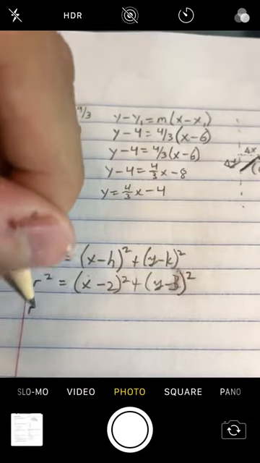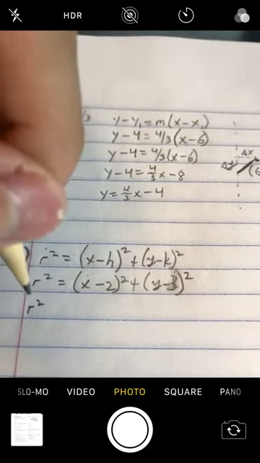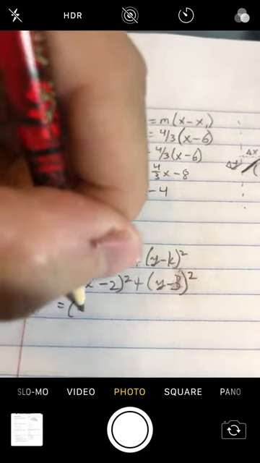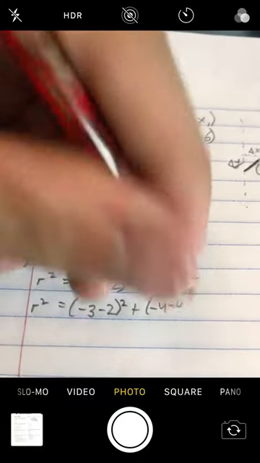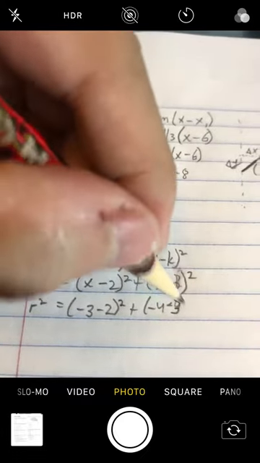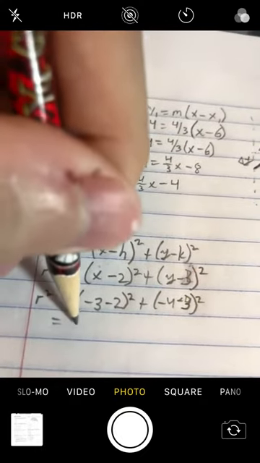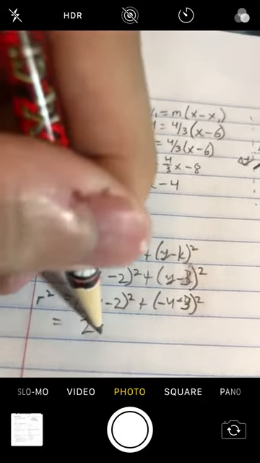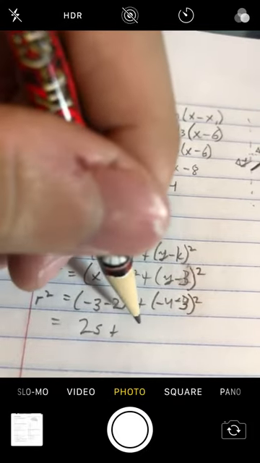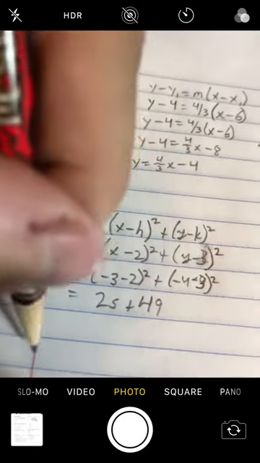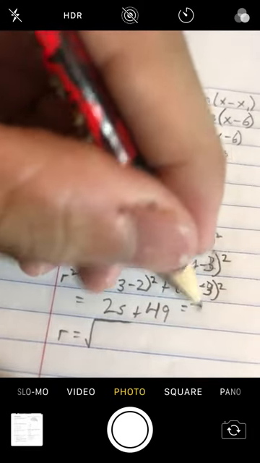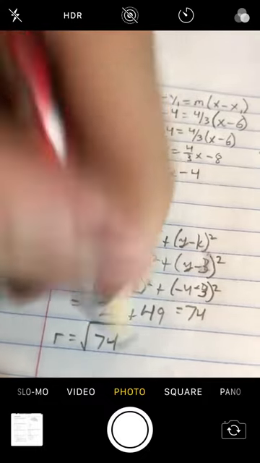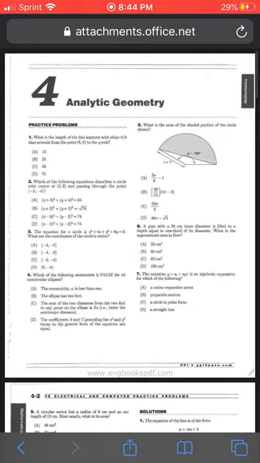But then it has to pass through the point (-3, -4). So that's (-5) squared, that's 25, plus (-7) squared, that's 49. So our radius squared is going to be 74, the radius being the square root of 74. So our answer is going to be D.